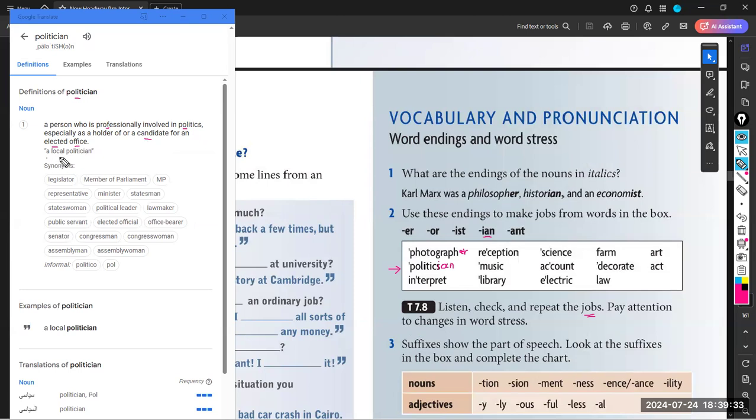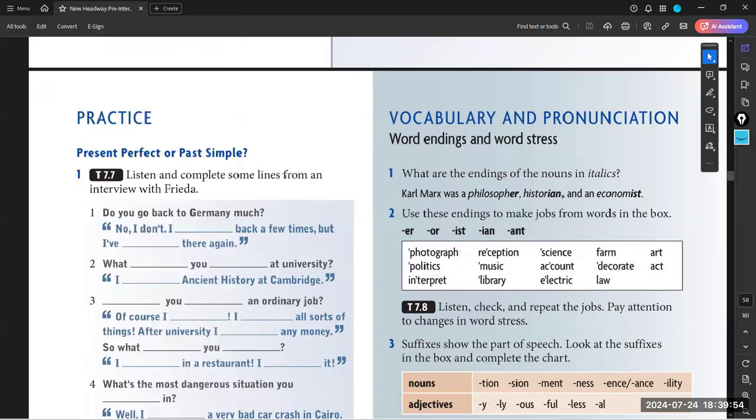So the example that we have is a local politician. So it is the person, the man or the woman, who is doing politics. So we have politics, and politician is the job that we have.